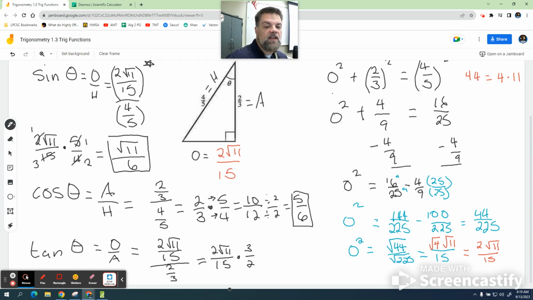What's 2 divided by 2? It's just 1. So those cancel each other out. And then when I do the cross canceling, 3 goes into 3 and 3 also goes into 15. So rather than multiply it out and then divide it, I could do it in the front. If I take 3 and divide it by 3, that becomes 1. If I take 15 and divide it by 3, that becomes 5, right?